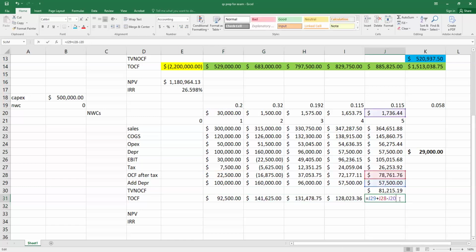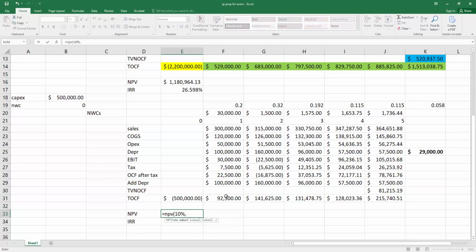And in the last year, I will add terminal value. And my investment cost is this. And NPV, discount rate is 10%. NPV is the value plus investment cost.